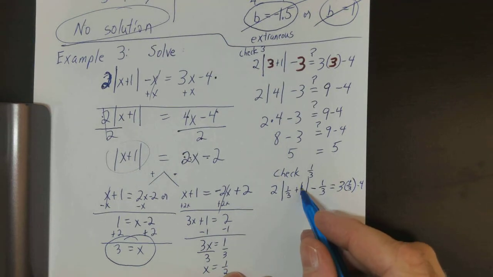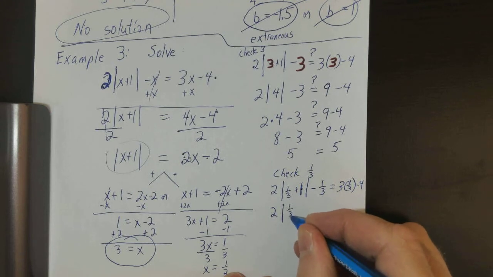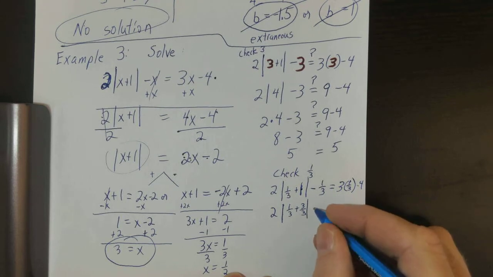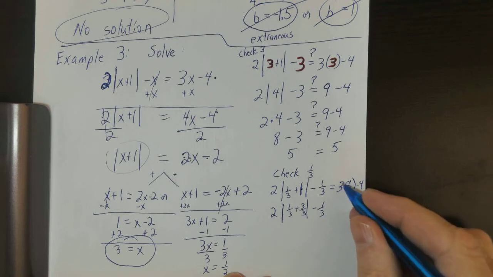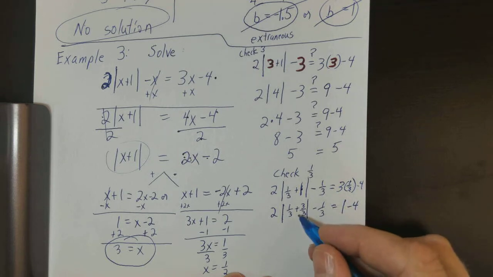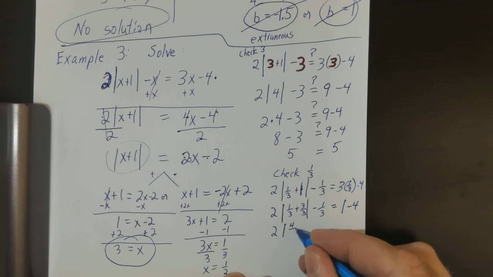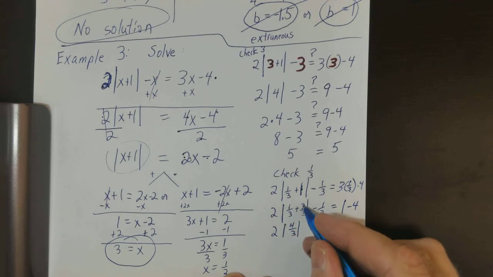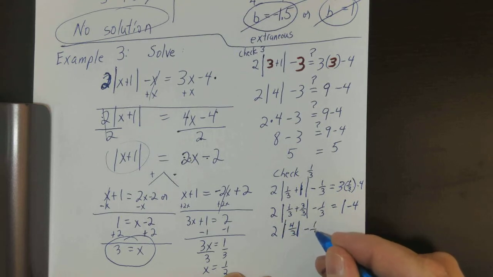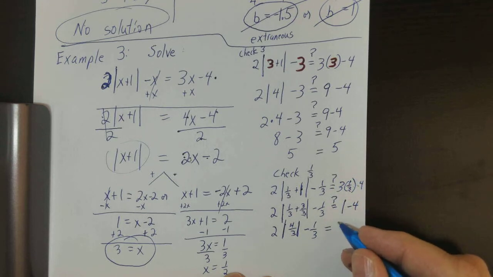Well, 1/3 plus 1. 1 is 3 over 3. And minus the third. 3 times a third, that is 1. 1 minus 4. Okay, so what do I have here? I have 2 times the absolute value of 4/3. 1 plus 3, and keep the same denominator when you're adding fractions. Minus 1/3. And 1 minus 4, I'll put these question marks, I didn't do that at the beginning.